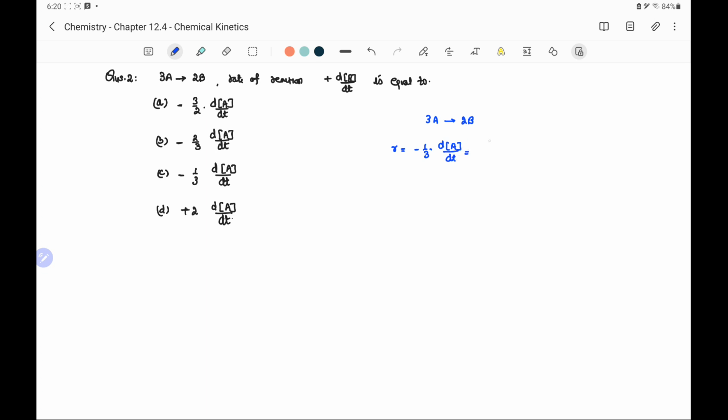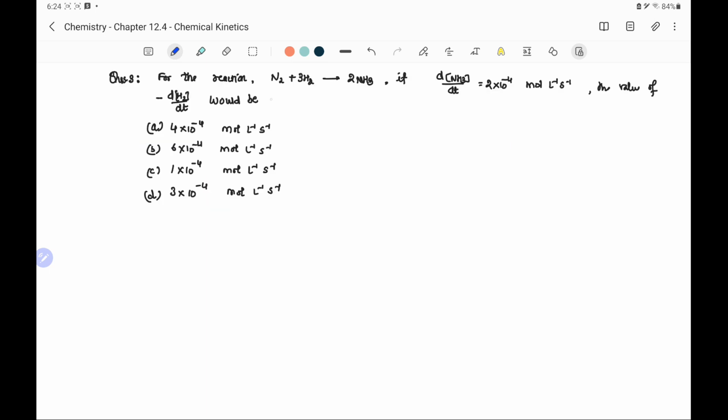And product is B, so its stoichiometric coefficient is 2, that is 1 by 2 into concentration of B divided by dt. We have to find the dB by dt. Therefore, 2 is taken on left hand side, so it becomes minus 2 by 3 into dB by dt. Hence option B is the correct option.